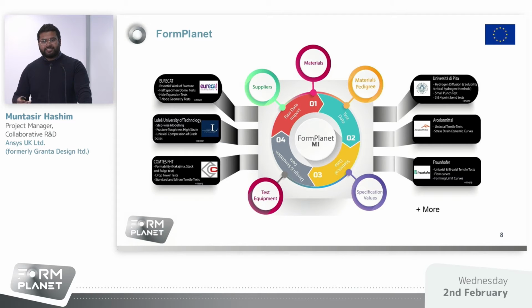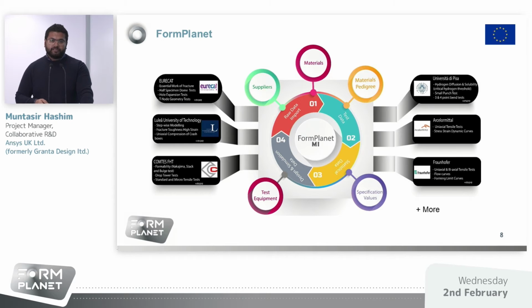FormPlanet has brought together 17 industry and research partners from across Europe to establish a single entry point for the metals forming industry to address the needs for metals forming processes.